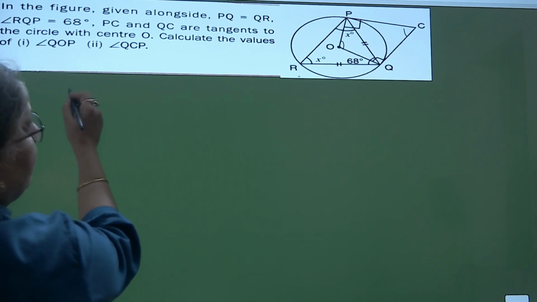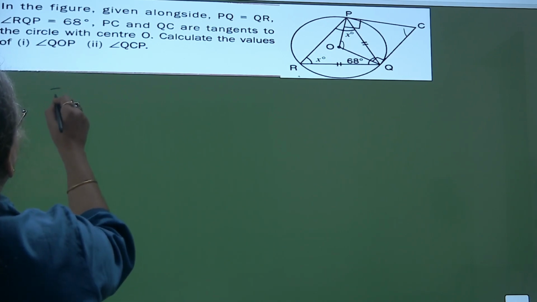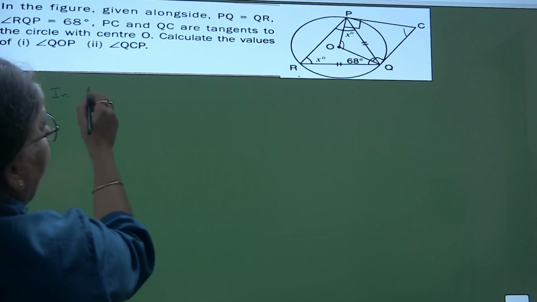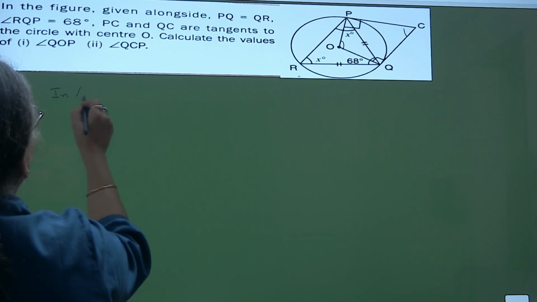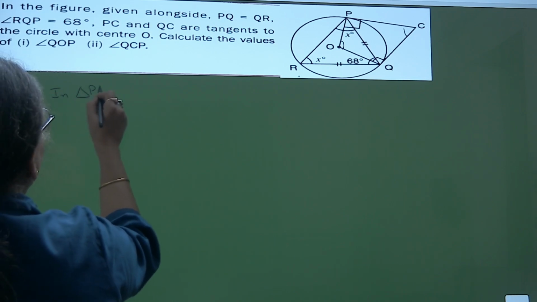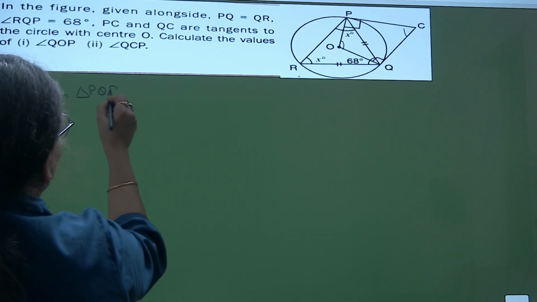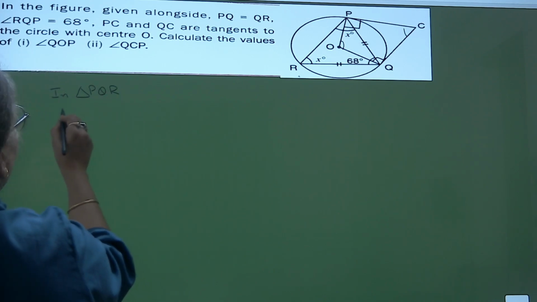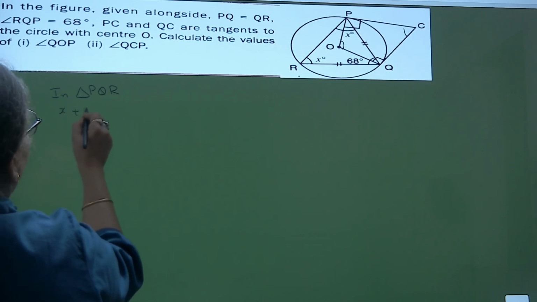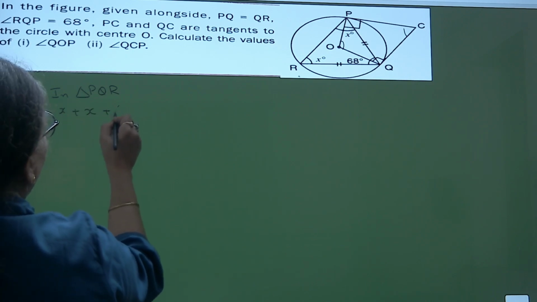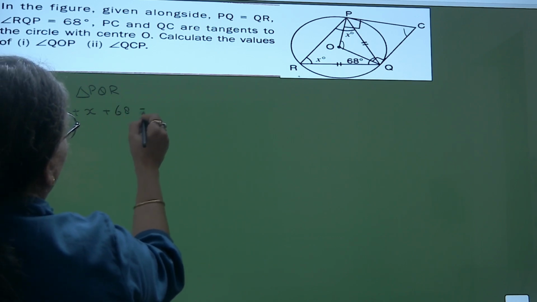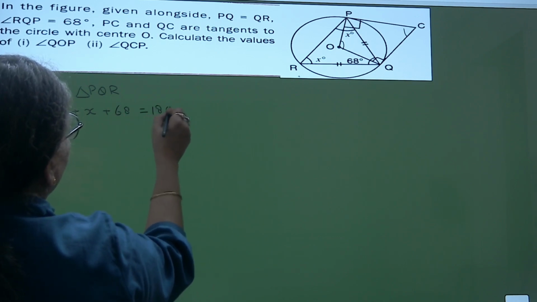So, let's write in triangle PQR, we can write 2x plus 68 is equal to 180.